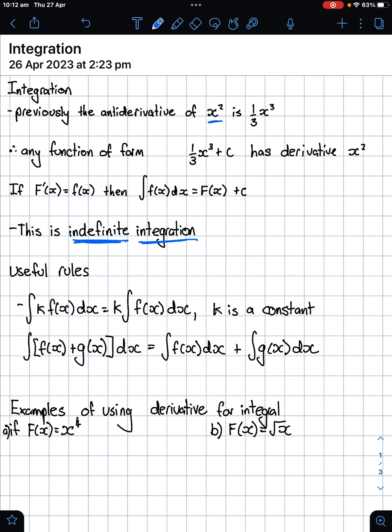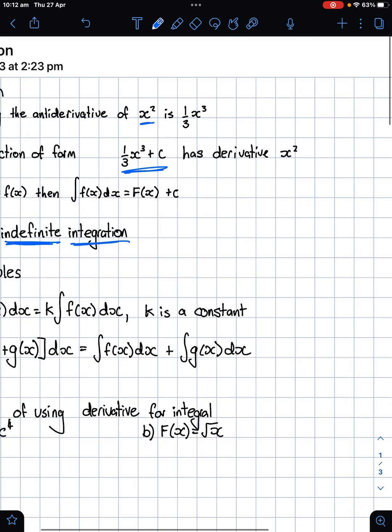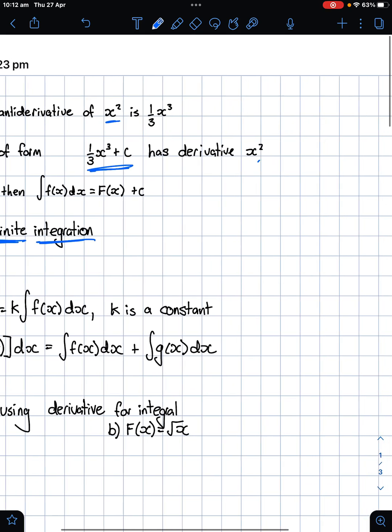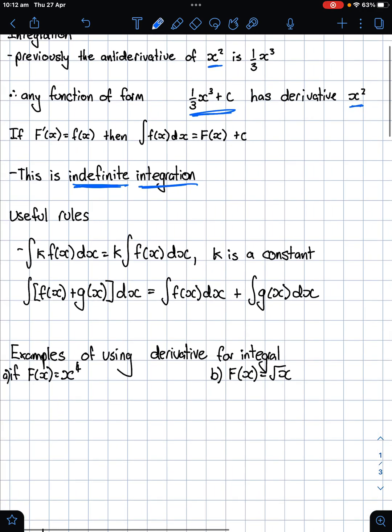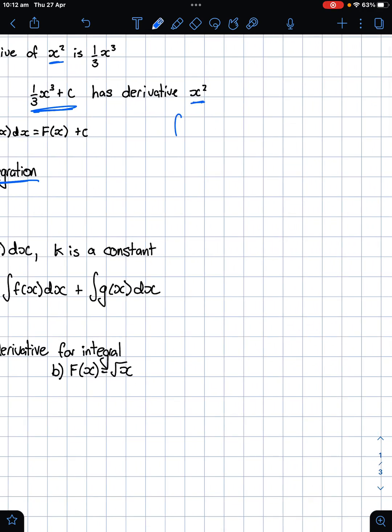So that meant that if we had a function that was a third x cubed plus a constant, it had the derivative of x squared. So in this space, if I had an integral of x squared dx, I'm just going to use a and b here. Actually, maybe I'll use what we used in the fundamental theorem of calculus.